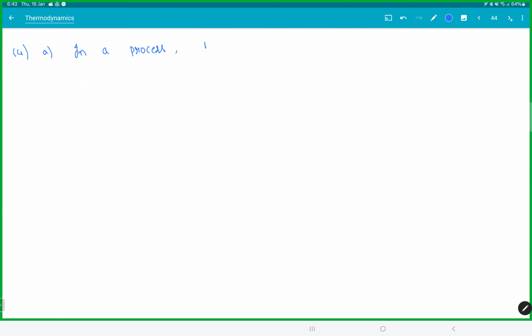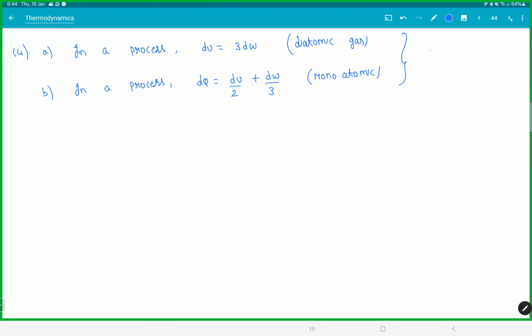So in a process, dU is 3 times dW. It's a diatomic gas. In a process, dQ is dU by 2 plus dW by 3. Remember, no matter what kind of process I give, PV is equal to nRT is valid and dQ is dU plus dW is valid. So in this question, it is being mentioned. Other than this, these are being satisfied. These are two different questions.